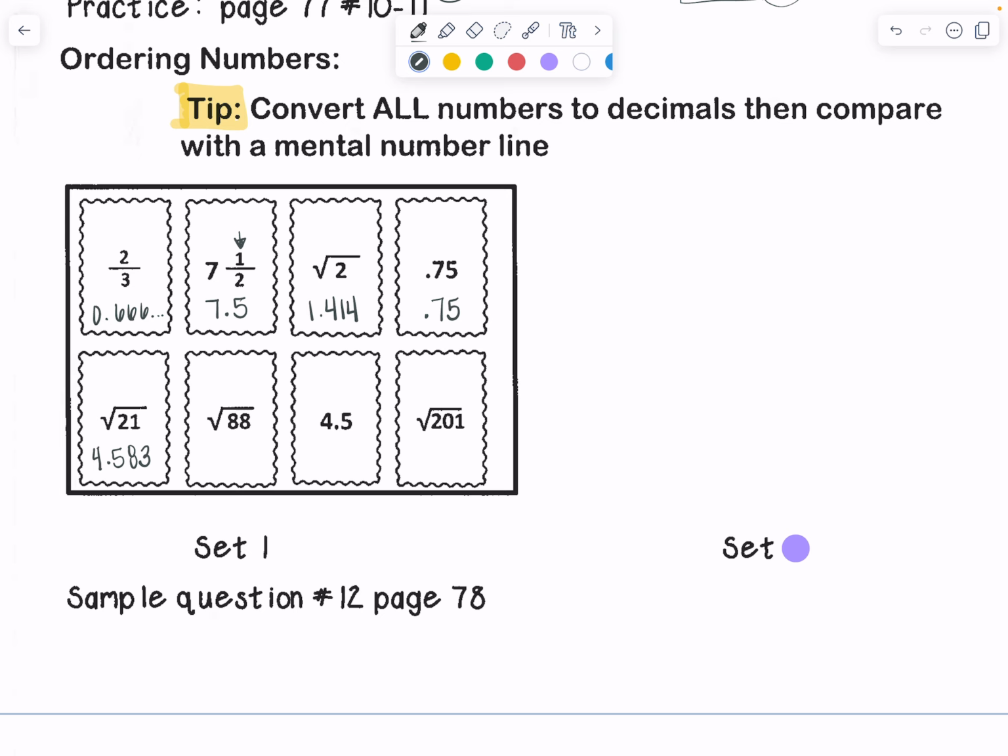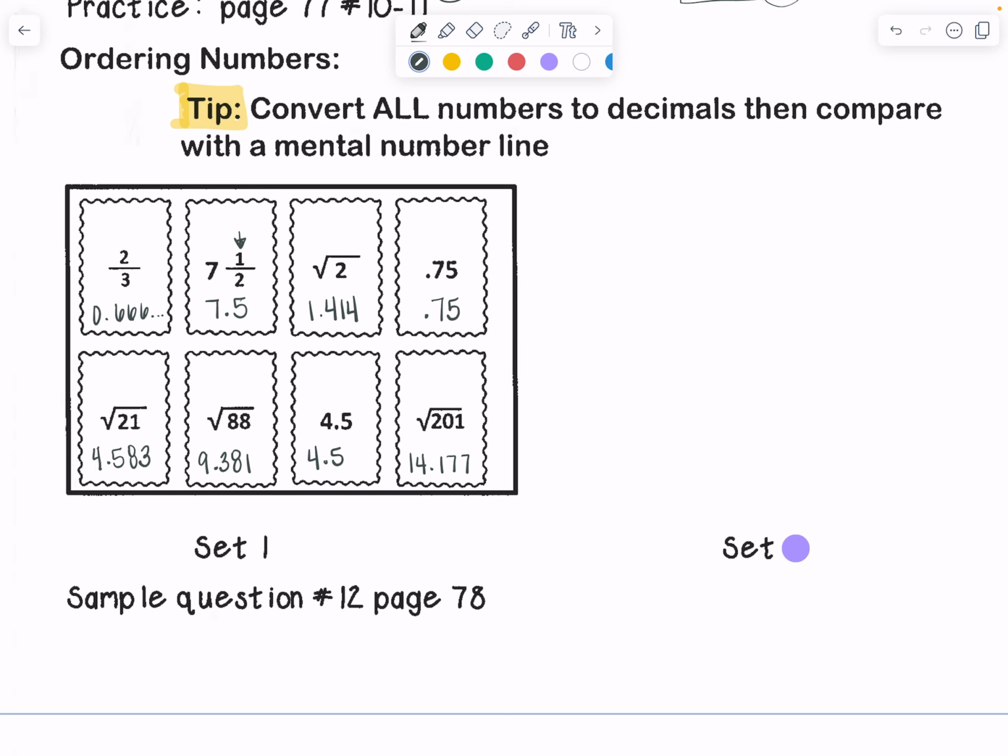I'd recommend picking 2 or 3 decimals. Square root of 88, type that thing in and get 9.381. 4.5 is already a decimal, and then square root 201 is going to give me 14.177.